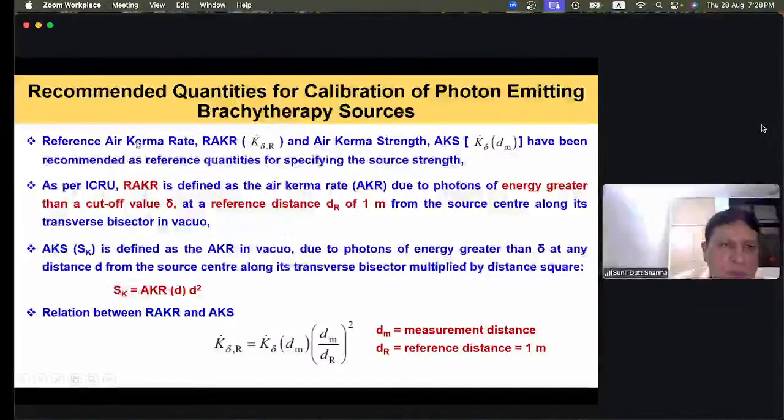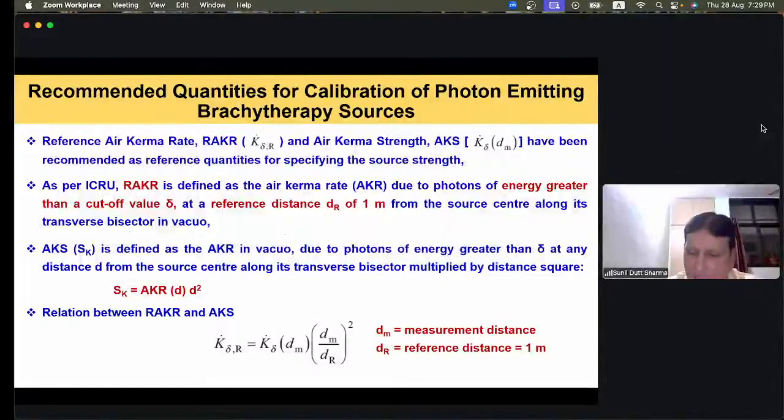In this report, reference air kerma rate is quoted as capital K dot delta R. Delta is the cutoff energy above which this quantity is defined, and the cutoff energy for low energy sources is about 5 keV, and for high energy sources about 10 keV.